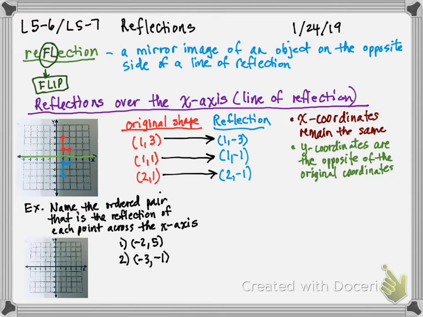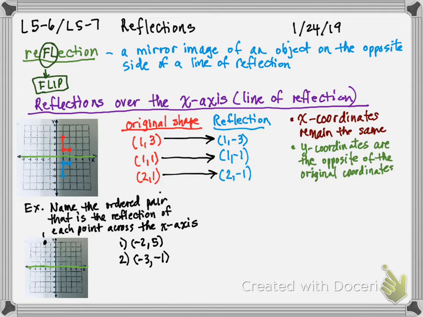I'm going to go with black on the first one for the original point. So I'm going to find -2 to the left of 0 from the origin, go up to 5. So way up here. And I'm going to just label him 1. So the reflection says, let's color in that reflection line again. So what I want is my point, that's a reflection of point 1, is going to be the same distance from the x-axis, but on the opposite side.